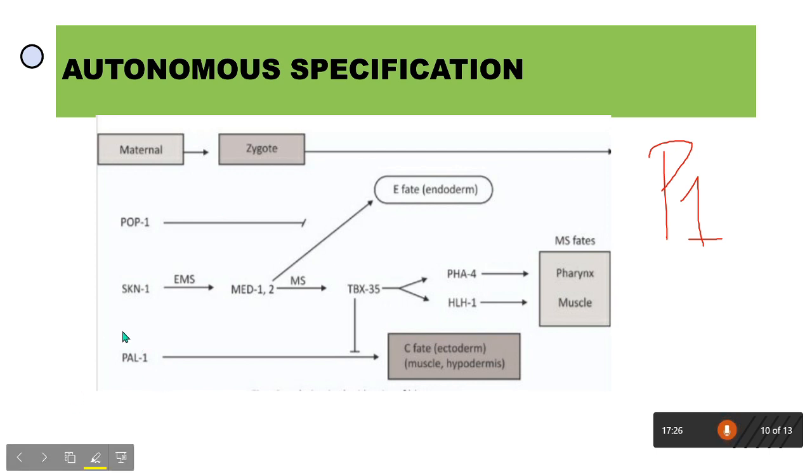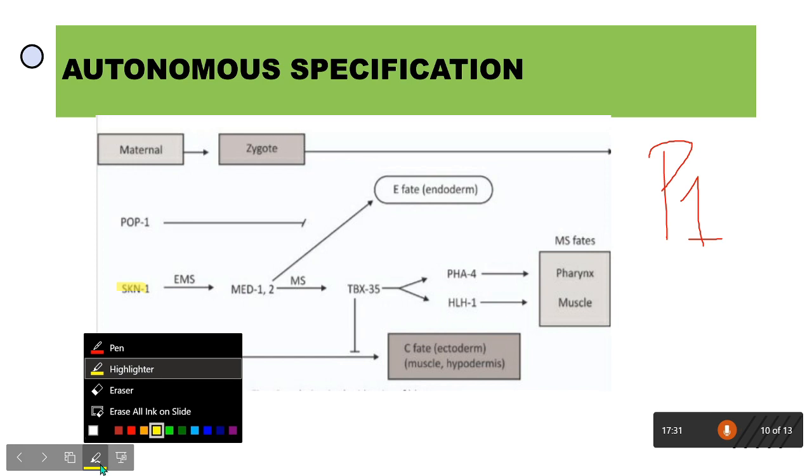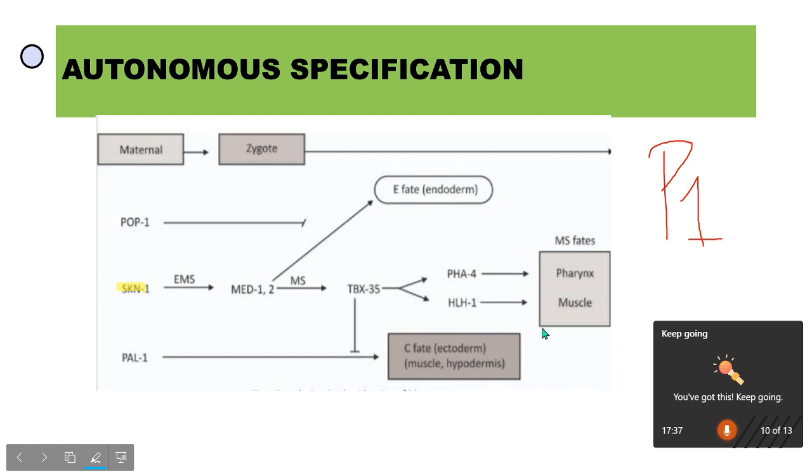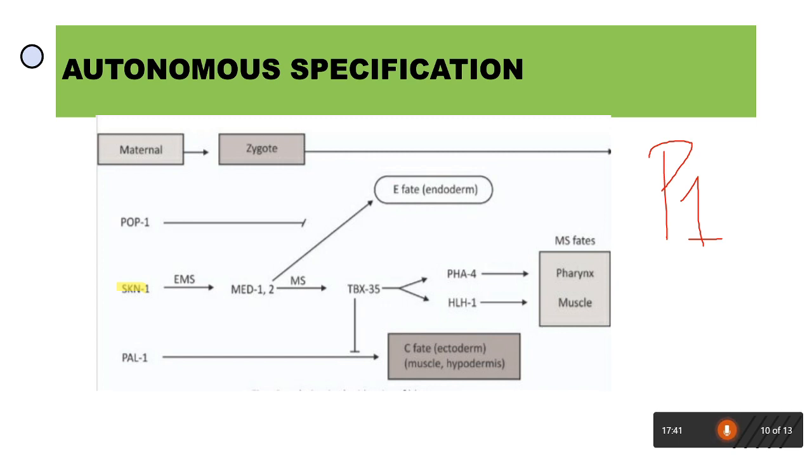First one is SKN1. SKN1 is essential for the EMS blastomere's fate. It determines that fate. For the fate of the EMS blastomere, SKN1, a cytoplasmic determinant of P1, is needed.